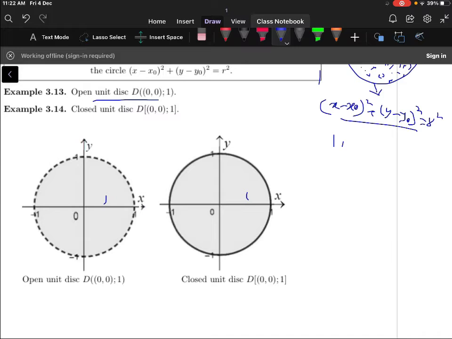It includes the region as well as the points on the circle, both the interior points of the circle as well as the points on the circle. So these are the points in the closed disk.